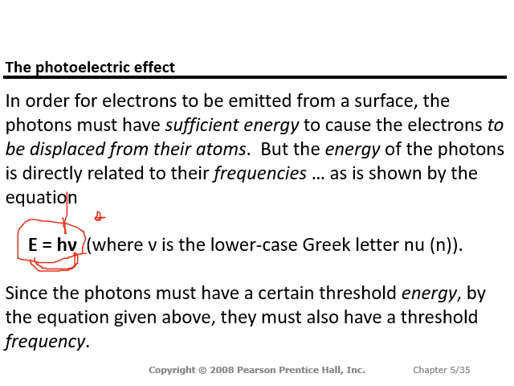So in other words, what it's saying is if you want to know what the energy is, then you would take the frequency of that light, which you would just either be given or you would look it up, and you would multiply it by that number that I said. And that will give you the energy, and it will give you the energy in joules. Remember, we usually want to get energies in joules.